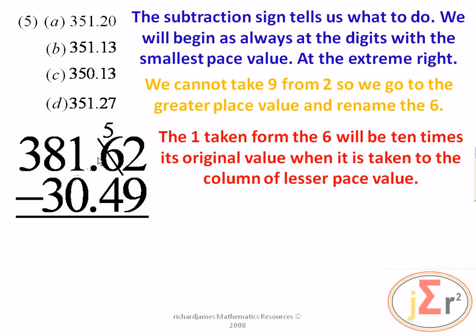So the 1 that we remove from here, when we take it to this column here, which is the 100ths column, as we always do, irrespective of where we are in our place value, the place value to the left is always 10 times the place value.